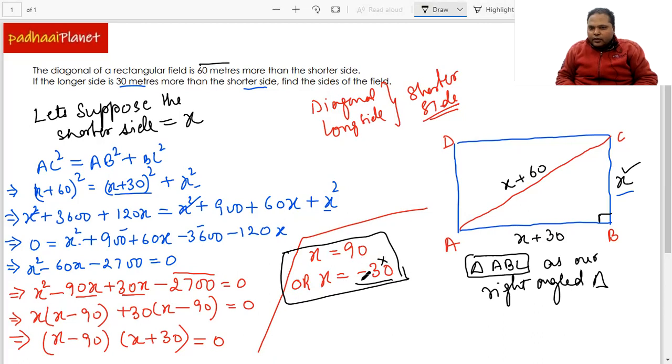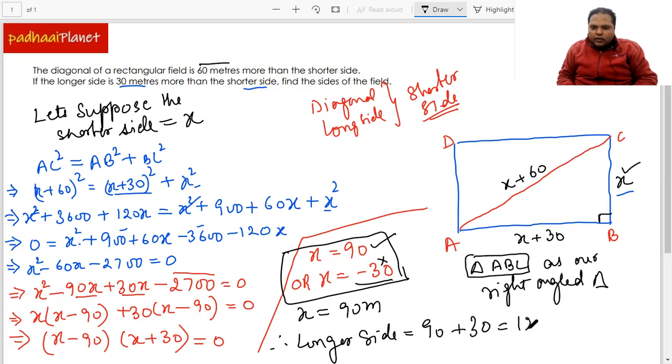This is to be ignored, and what we will consider is 90. So the length of the shorter side, that is x, is equal to 90 meters, and therefore the longer side will be 90 plus 30, which makes it 120 meters.